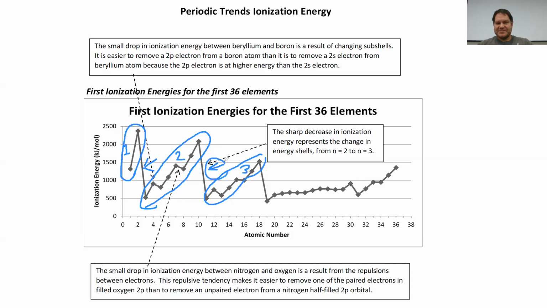So these big drops in energy are because we're moving from one shell to the next to the next, okay? If we were not moving from one quantized energy level to the next, then we would not see those drops, okay? These drops would not be here.